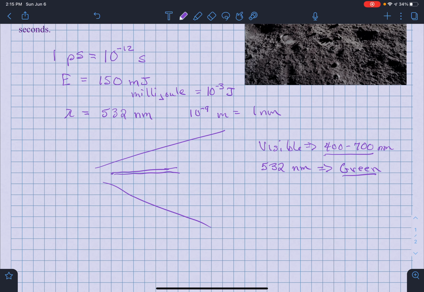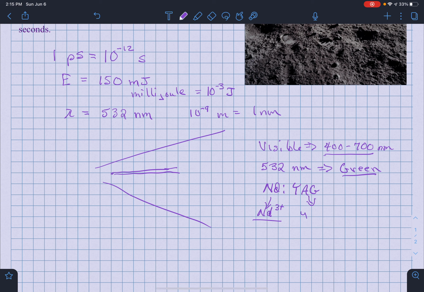Just for additional information, it's not particularly important to this, but it's a solid state laser, where a crystal is the material that's used for the laser, and this is an element, neodymium. It actually is an ion with a +3 charge, and it is doped, embedded in a crystal of yttrium aluminum garnet.